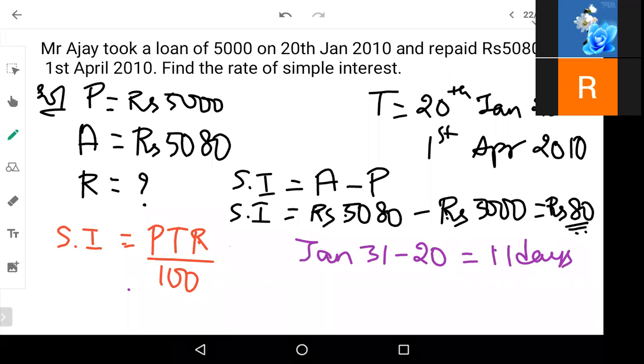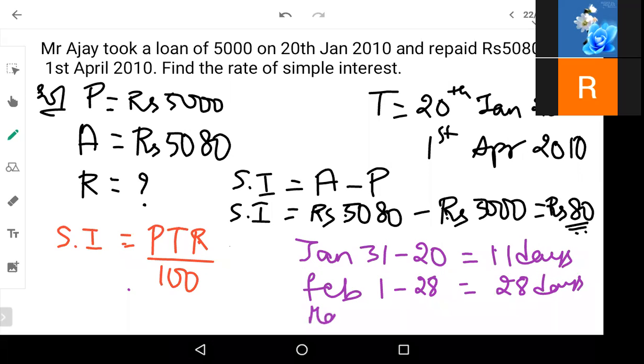Then February 2010, is it a leap year? You have to check that also. No, 2010 is not a leap year. So February 1st to 28, that will be 28 days.